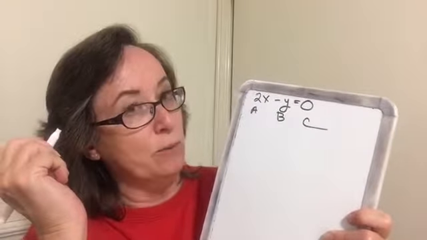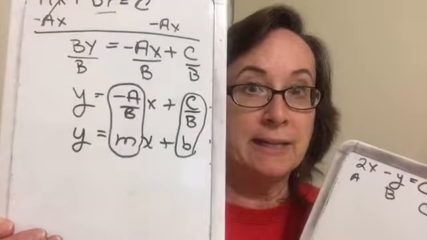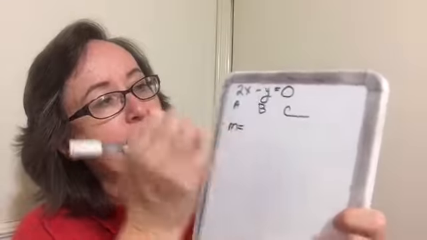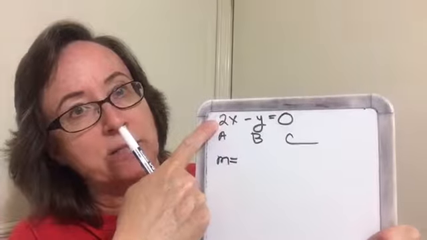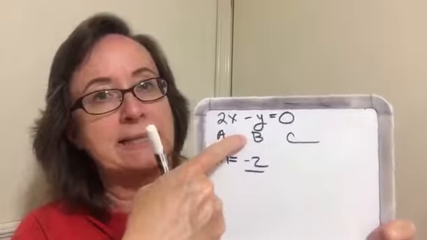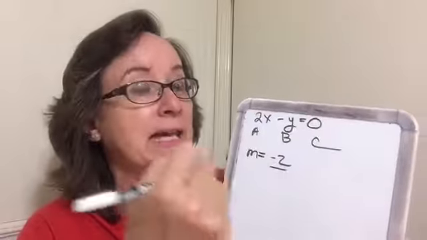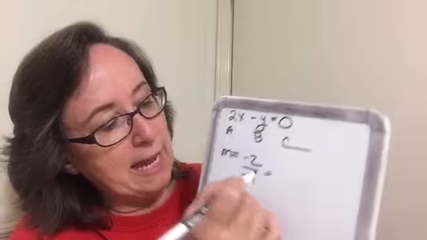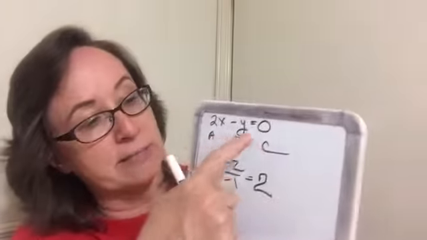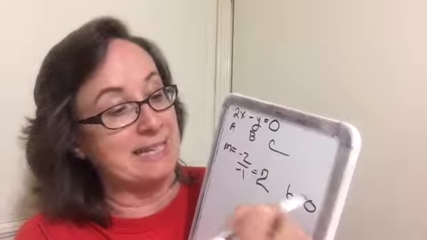If I'm going to use this little formula, my slope is negative a over b. Well, a was 2, so negative a would be negative 2 over b. Since there's nothing in front of the y except for a minus sign, it's a negative 1. So negative 2 over negative 1 is 2. And my y-intercept is c over b, but since c is 0, my y-intercept is 0.